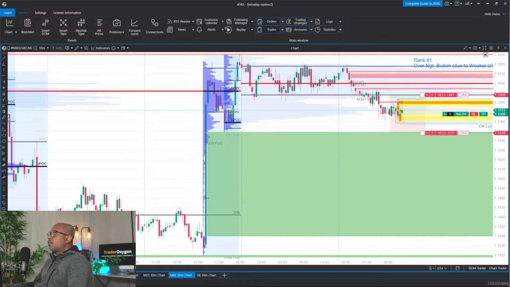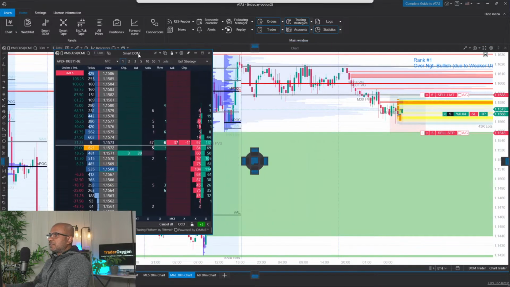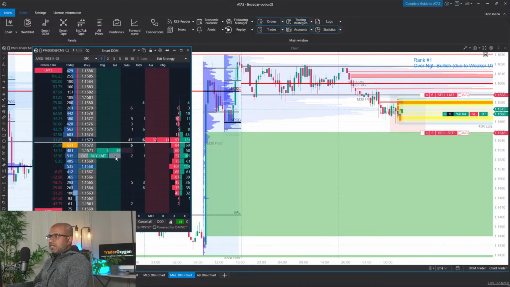Okay, so if you look at the smart DOM quickly, you can see the buyers are trying to push the price up. Again, when I just load it, sellers are trying to push the price down. So this column, you got passive buyers, meaning buy limit orders. Then this right hand side column is passive sellers, meaning sell limit orders.